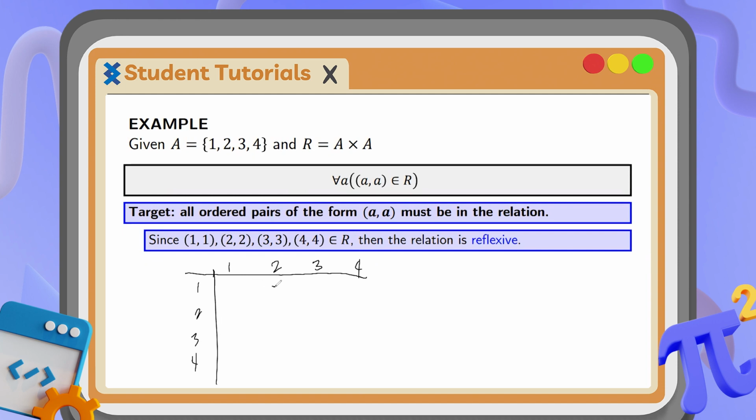Although I'll not list them all down, I'll just mark those that are part of the relation, like so. And then we also have elements (1, 1), (2, 2), (3, 3), and (4, 4). Because this satisfies the condition to be reflexive for all elements a that are part of the set, so (1, 1), (2, 2), (3, 3), (4, 4) are here, then the relation is reflexive.